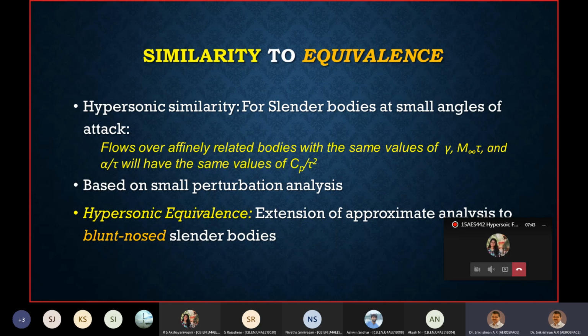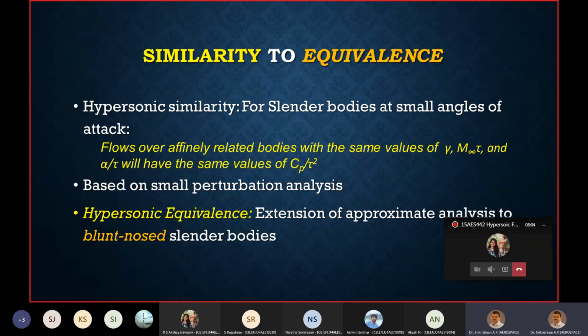I'll try to explain that later also with sketches. The nose is blunt, but the body is still slender. So you will have a detached shock, but the slenderness we have considered all through will be retained, while the nose shape can be blunt.